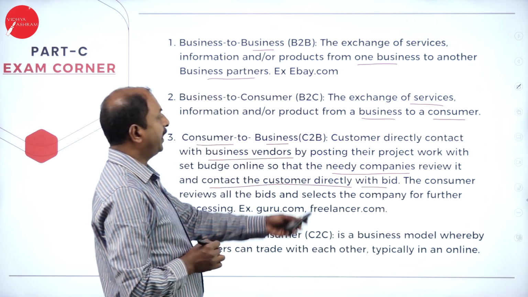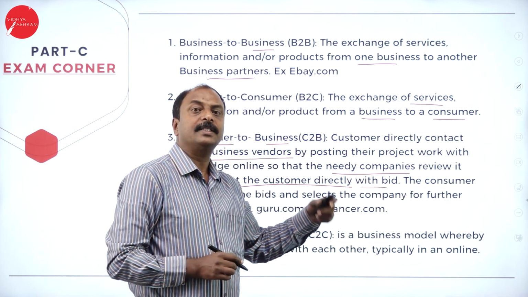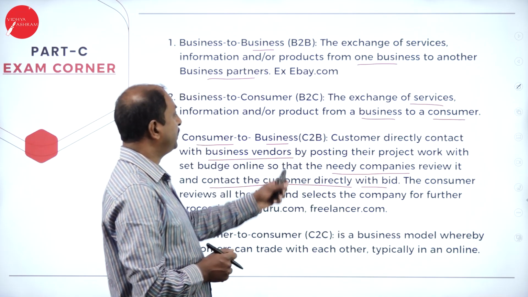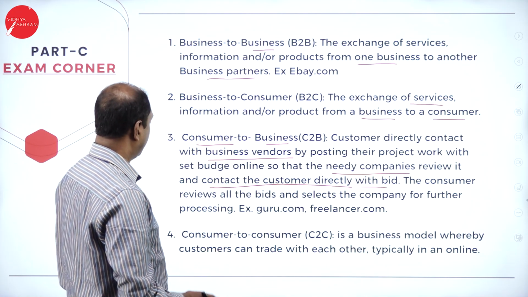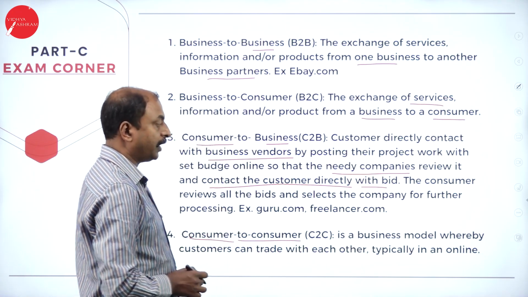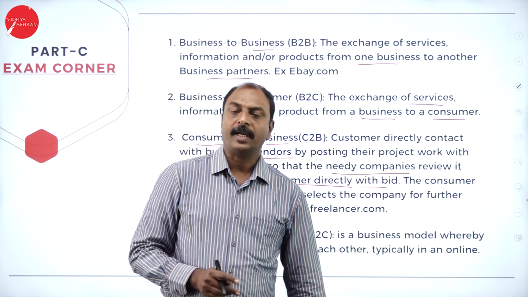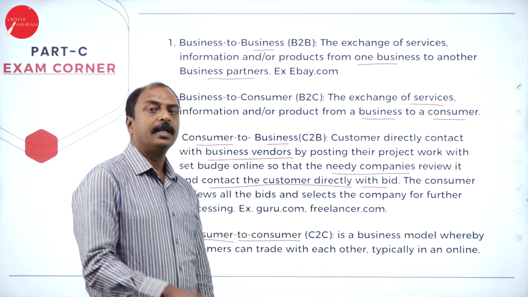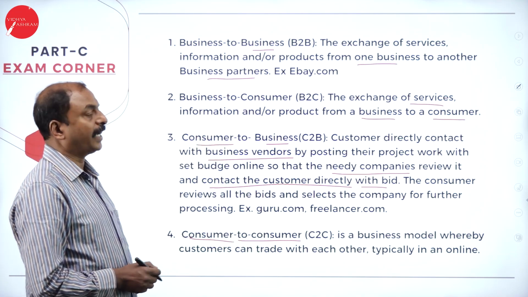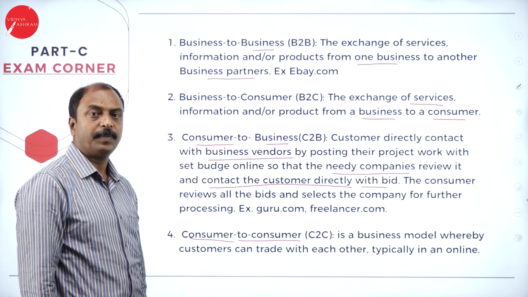So here a consumer can directly sell his product to any business through online. That is consumer to business. Next one is consumer to consumer. So here one consumer can sell his product to another consumer. This is C2C. See, these are all different types of e-commerce applications.